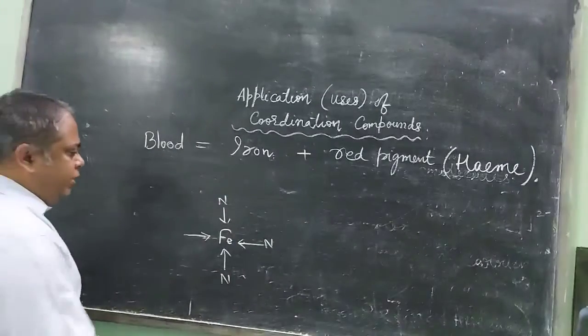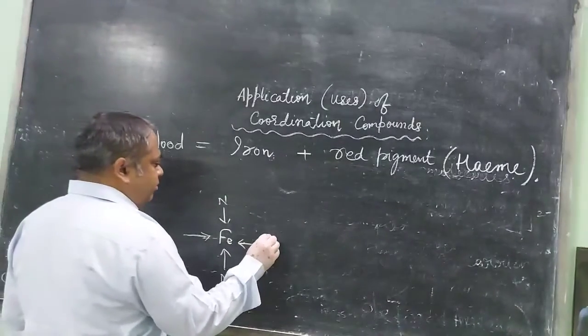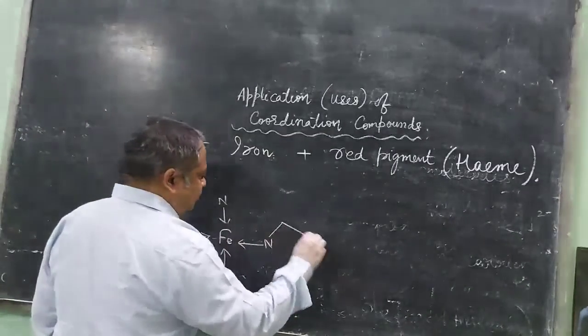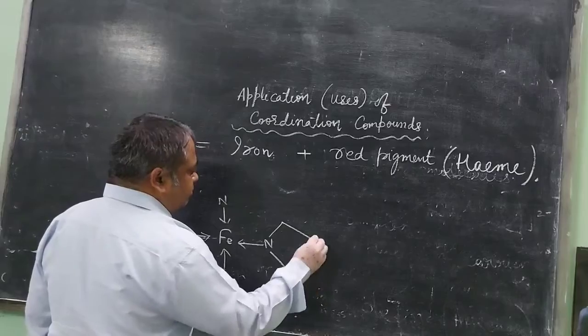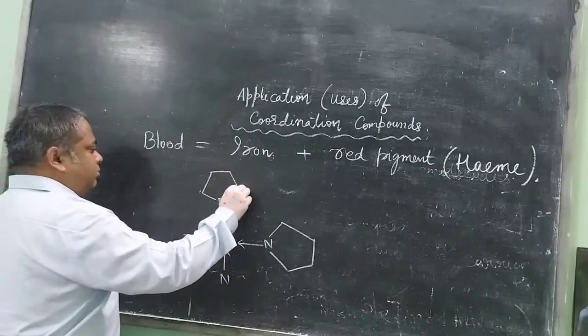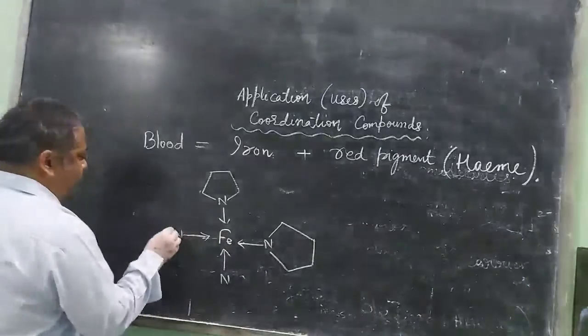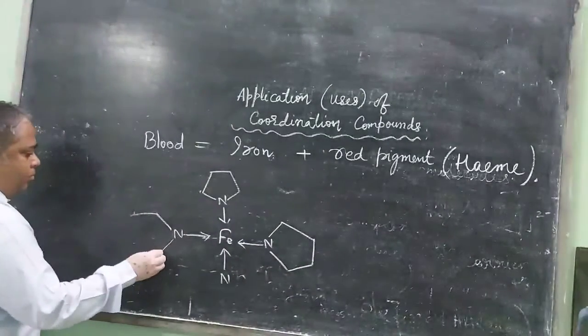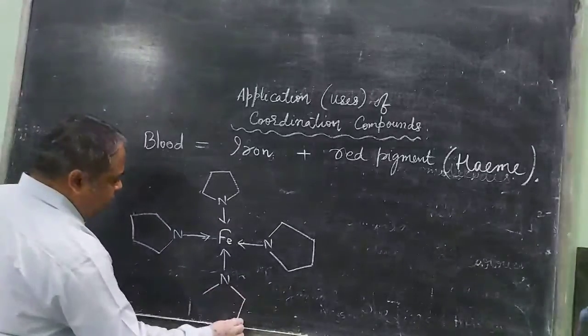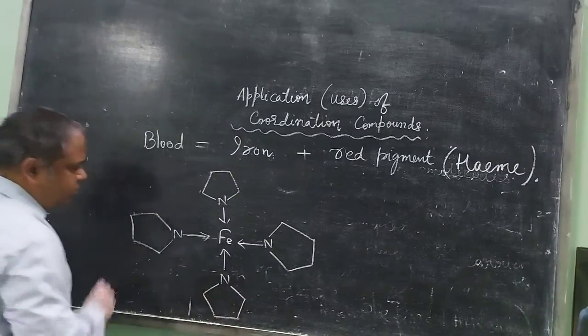These nitrogens are in pyrrole rings. I am just making pentagon, nothing else. Alright, you can make pentagon like this.